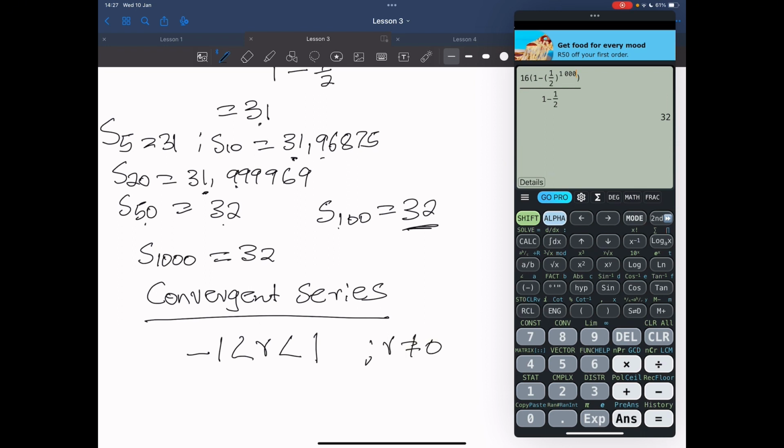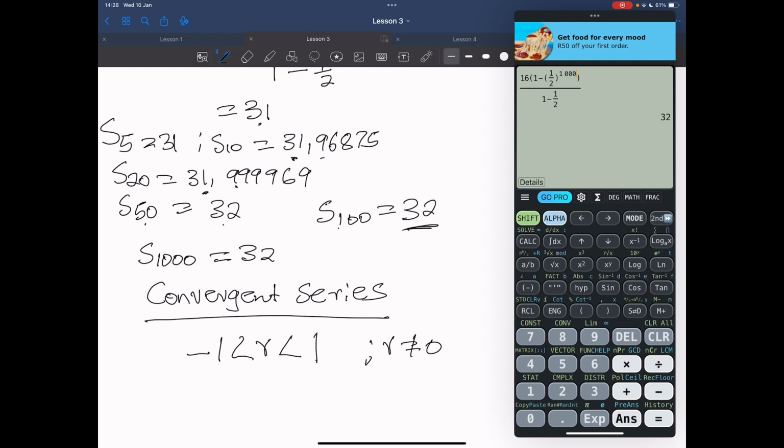So as long as the ratio is between -1 and 1, then the series is going to converge. An example is the one that we had there. So remember our R was 1/2. So 1/2 is a number between -1 and 1. So if it is like that, then we have a convergent series. So the series now converges.